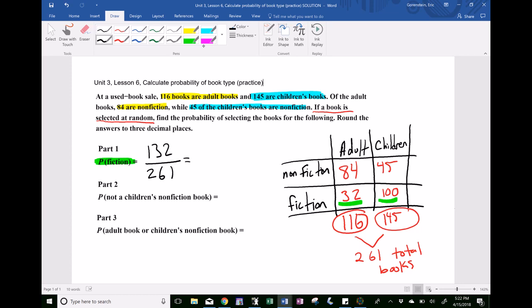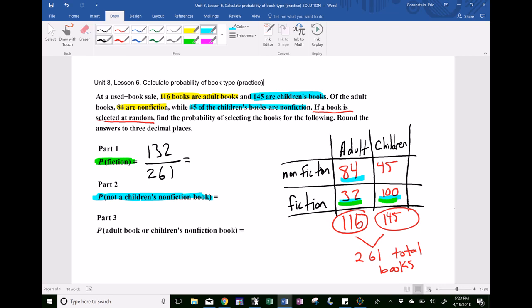For part 2, the probability the book is not a children's nonfiction book. So children nonfiction is the 45 here. So the 84, the 32, and the 100, all 3 of these groups are not in the children nonfiction category. So we have 84, 32, and 100. That gives us 216 total books.